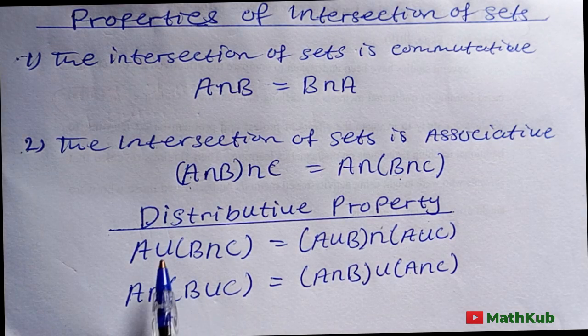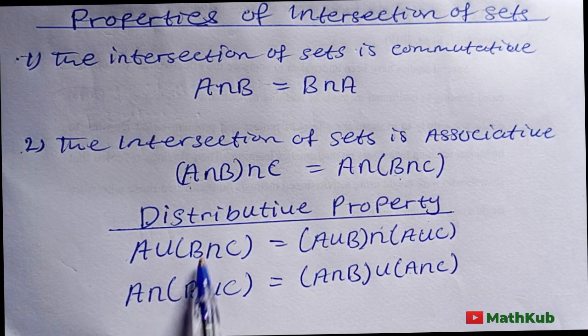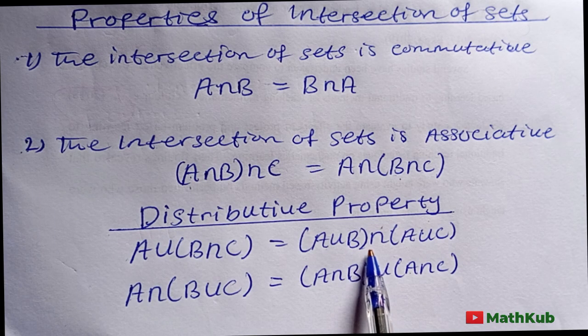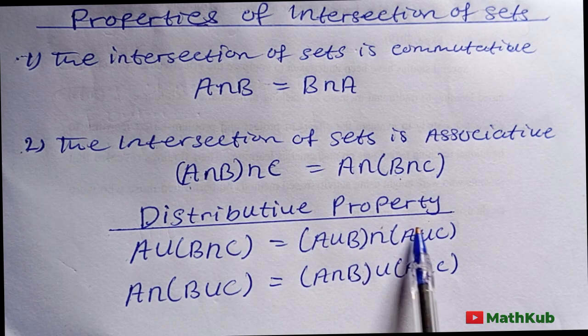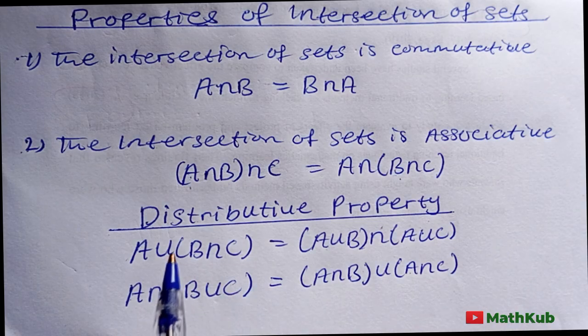For example, A union, in brackets, B intersection C is the same thing as A union B, intersection, A union C. This is how we do it. This is a typical distributive property. It works for all sets.